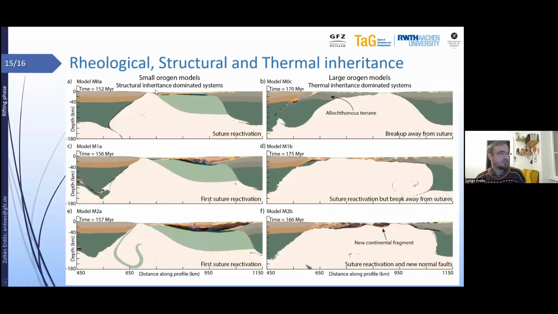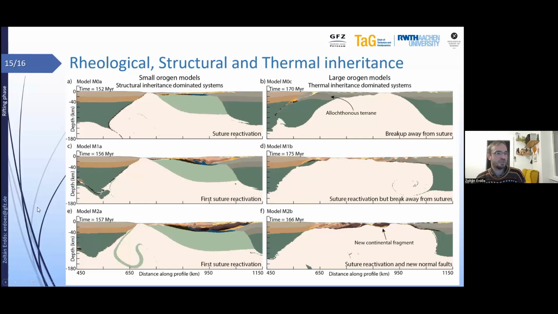What does that mean? These are 3 different models, 0 microcontinent, 1 and 2 microcontinents, small orogen, the same 0, 1, 2 large orogen. You can see that the deformation patterns are rather persistent. I have structural inheritance dominating these models with the small cold orogens, and thermal inheritance dominating these large models, overpowering the structural inheritance.